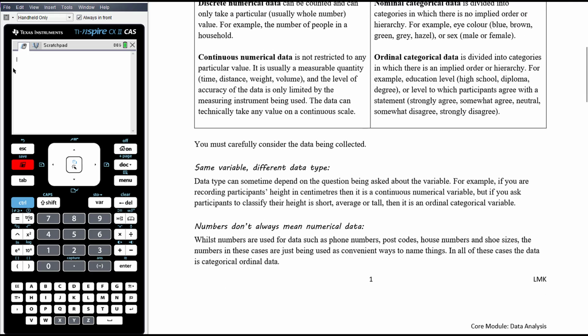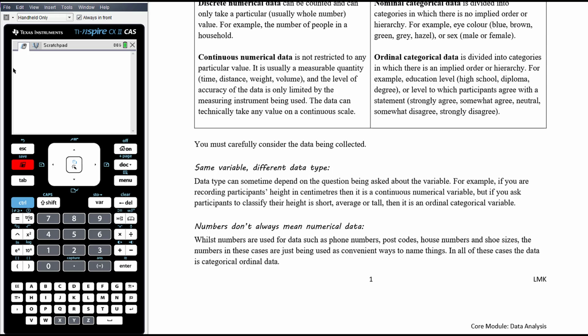Okay, so a couple of things to note, and then we'll have a quick look at some examples. You must carefully consider the data being collected. Sometimes you might be talking about the same variable, but they might be different data types depending on what's actually being collected. For example, if you were recording participants' height in centimetres, that's a continuous numerical variable. Whatever level of rounding you decide to choose, it's a continuous numerical variable.